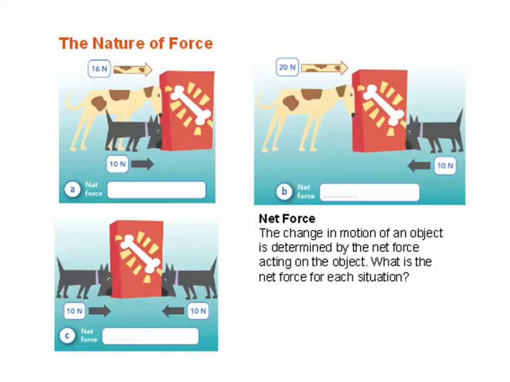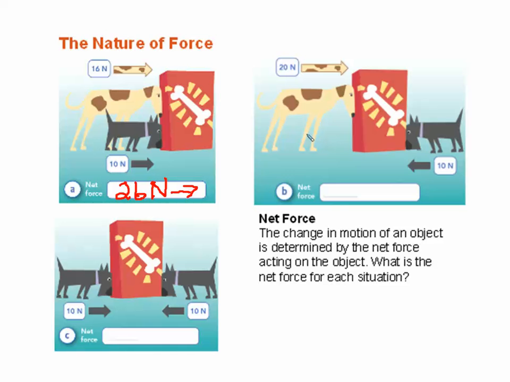So we would add 16 plus 10. The way we would write this is 26 newtons. And then we have to include the direction. Since they're both going in the same direction, we added, and then our arrow would be going that way. So that would be the net force on that object, the box of treats.